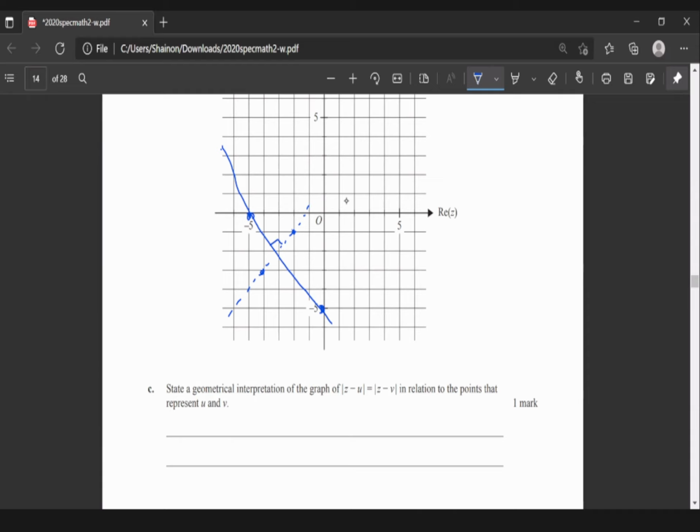So I guess the line negative x minus 5 is perpendicular to the points u and v.